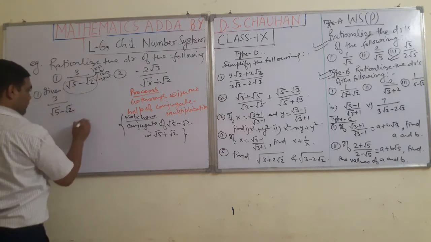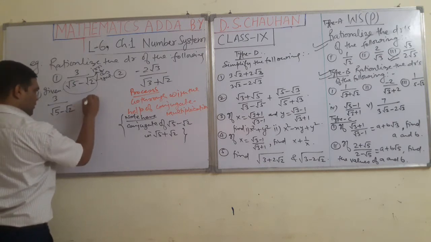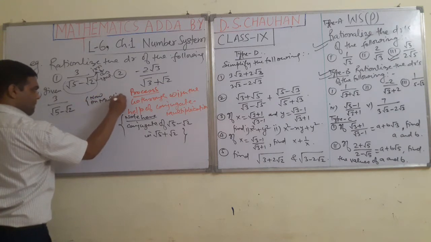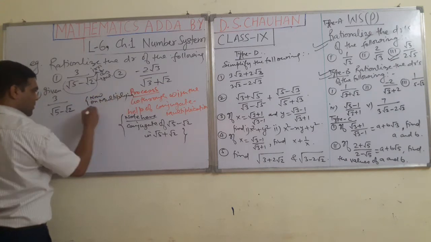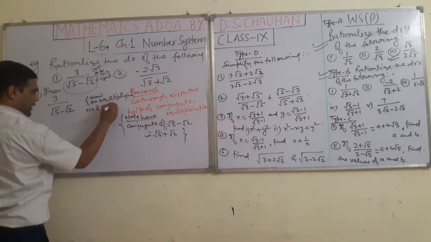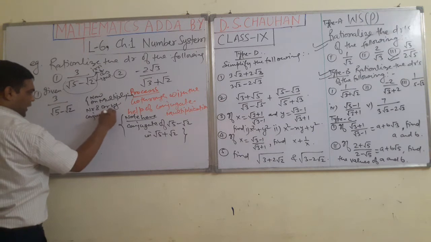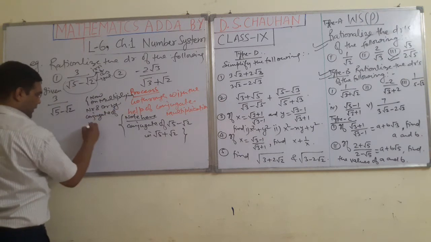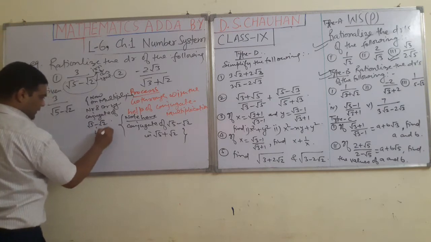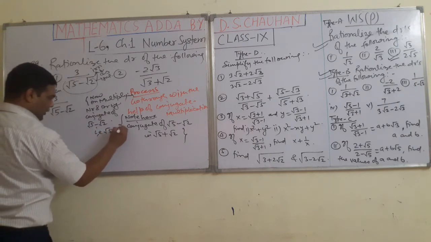So now, on multiplying numerator and denominator by the conjugate of under root 5 minus under root 2, that is under root 5 plus under root 2.